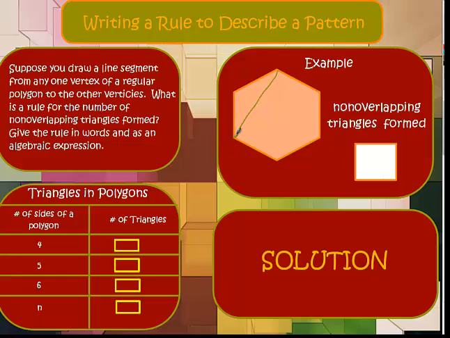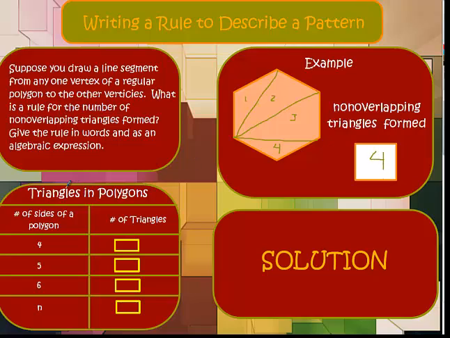Now, starting at the same starting spot, let's draw lines to the other vertices. So here's one, and here's one. And if I drew one to here, again, it would be along the outer edge, and I wouldn't be making another triangle. So I have 1, 2, 3, 4 triangles when I do this. So how many non-overlapping triangles were formed? The answer is 4.